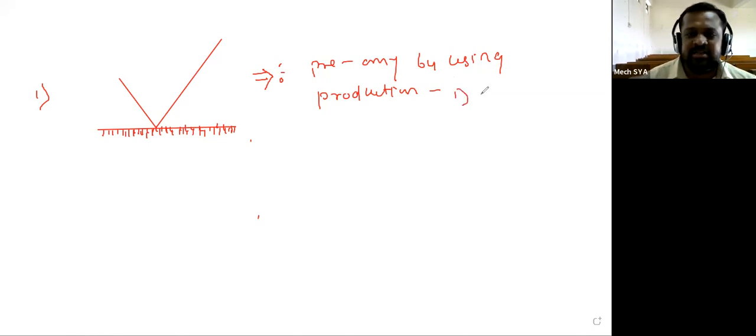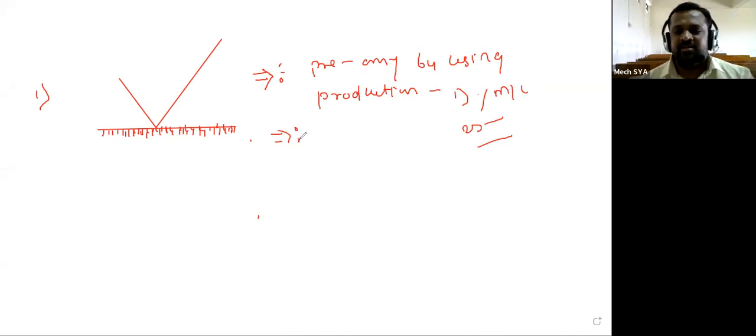Means here you can select the machining process, the casting process, the forging process, like this. This is your choice. म्हणजे जर असा सिम्बॉल आला, and again the second is, there is no restriction whether the material is removed from the workpiece or not. म्हणजे त्या ठिकाणी मटेरियल रिमूव्ह झालं तरी चालतंय, नाही झालं तरी चालतंय.